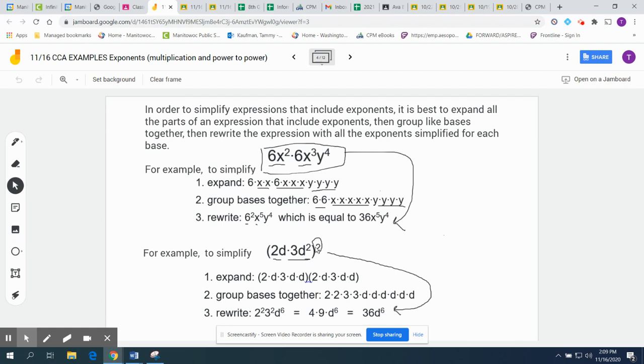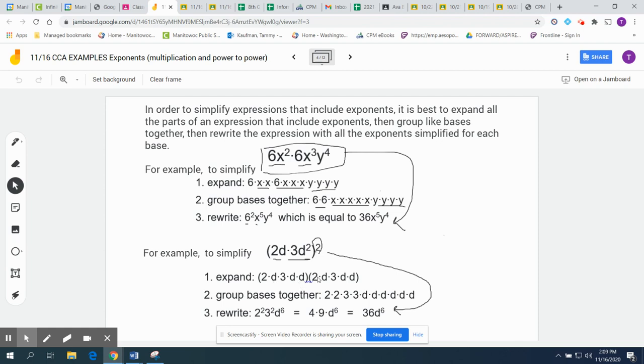So now when there's an exponent on the outside, I start with the parentheses. This is really 2 times d times 3 times d times d, because the thing that's being squared is this whole term. But then this also says I need 2 of them. So I'm going to make another one of them. So 2 times d times 3 times d times d. Now the parentheses again is a separator, but it's just multiplication.